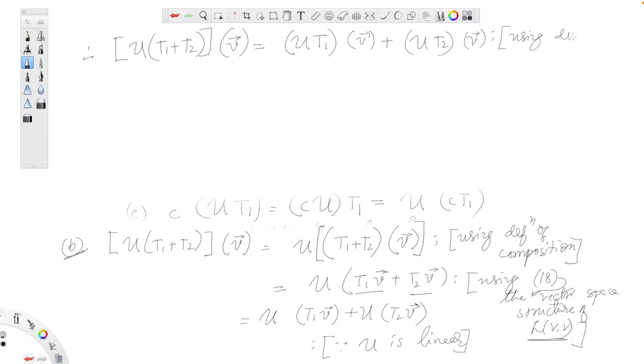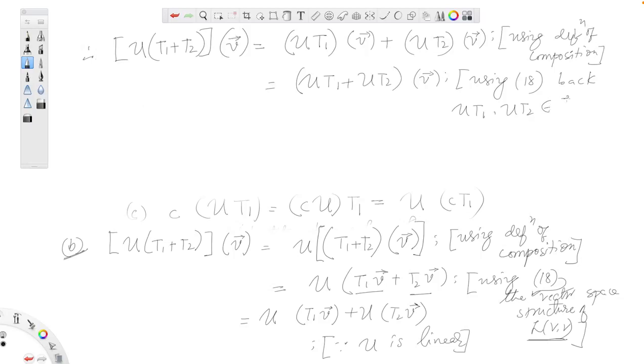And this is U composed with T1 plus U composed with T2 acting on v, using 18 backwards, because U composed with T1 and U composed with T2 are both in the vector space L(V, V), and we are just using the rule of addition in this vector space.